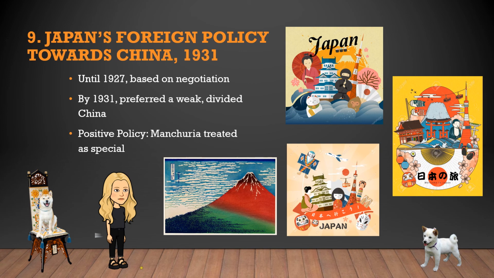In 1927, at the height of the Northern Expedition in China, this policy changed. Not only did the Japanese prefer a weak, divided China, they were alarmed at the rapid success of Chiang Kai-shek and the nationalists. Troops were sent to occupy the Shantung Peninsula, where Japan had long interest and investments.